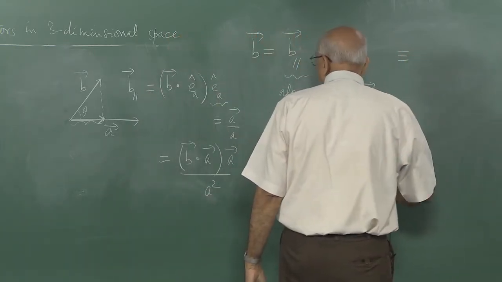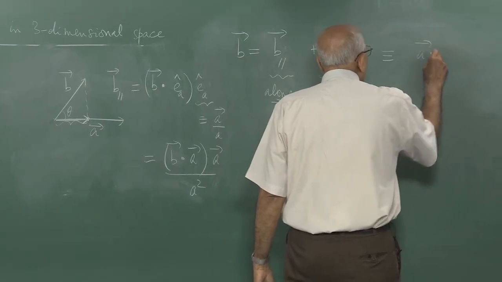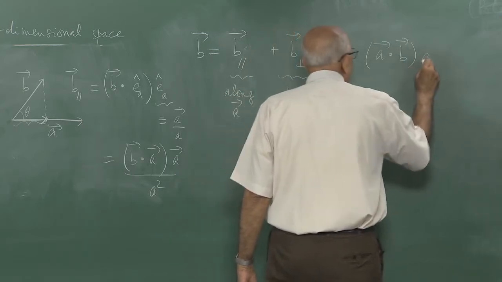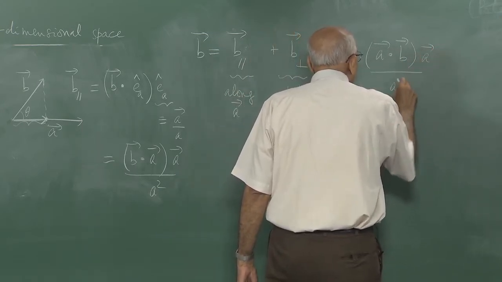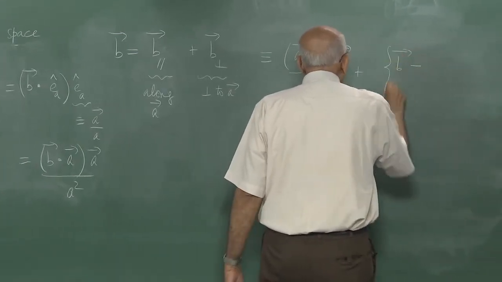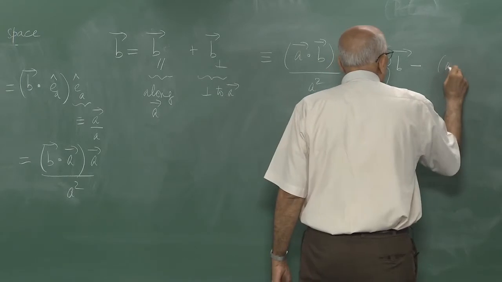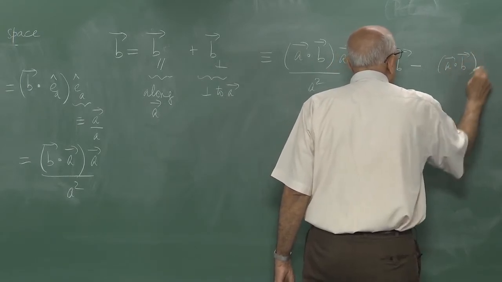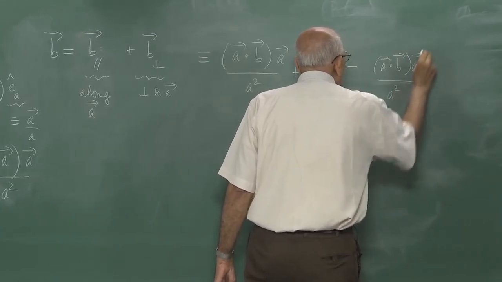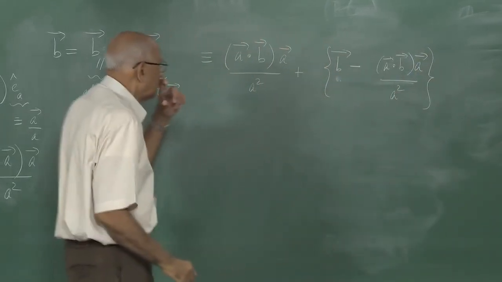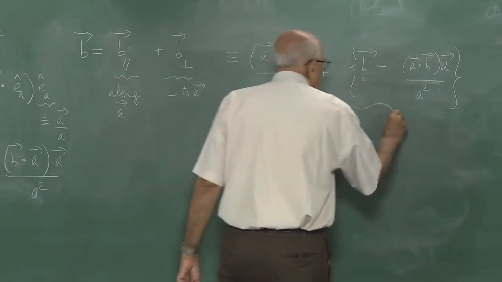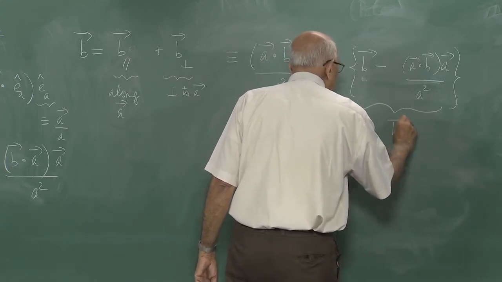This is identically equal to, let me write it as A dot B, A over A squared, plus the vector B minus the same thing, over A squared. So this is B parallel, and this part is B perpendicular.